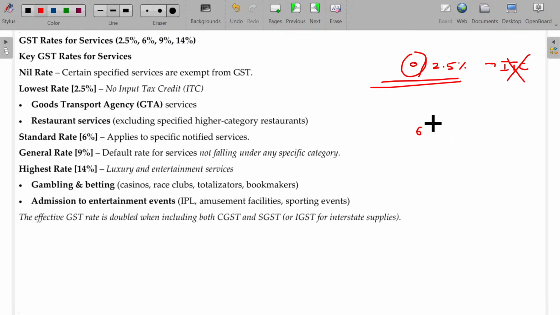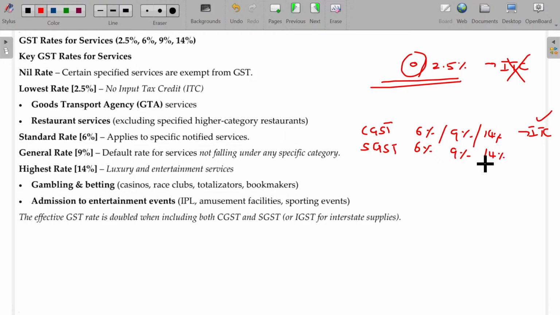Regular rates being 6 percentage, 9 percentage, 14 percentage. In these cases, ITC is available. ITC is available. Clear. And this is all about CGST. We focus only on CGST. Then what is the total tax payable? Equivalent SGST will also be payable, or UTGST also be payable. So 6 plus 6, 12 percentage, 9 plus 9, 18, and 14 plus 14, 28 percentage.